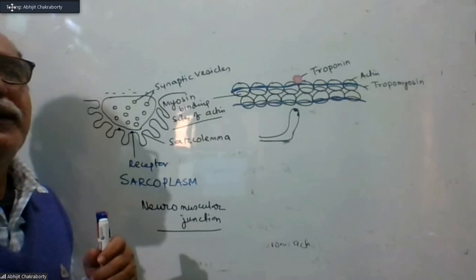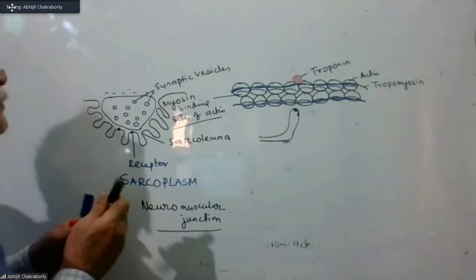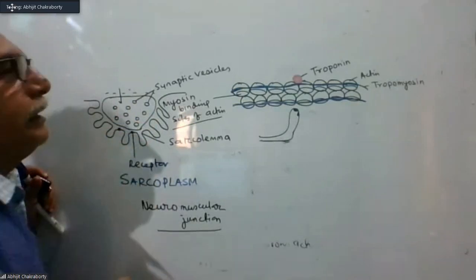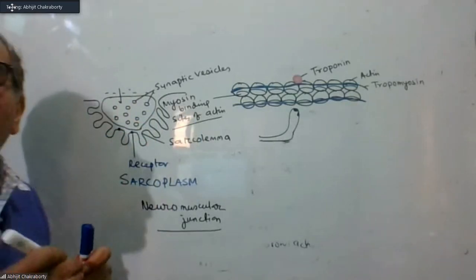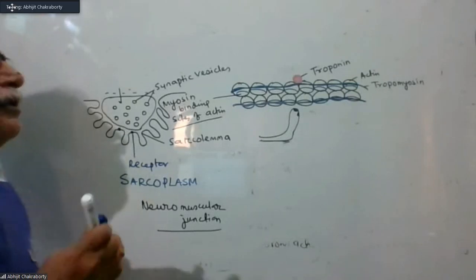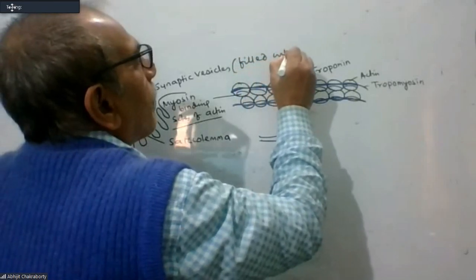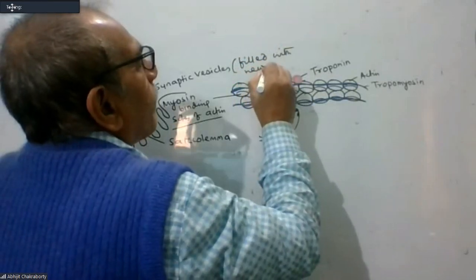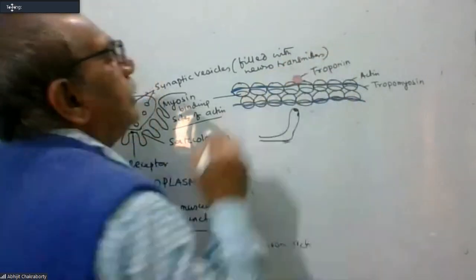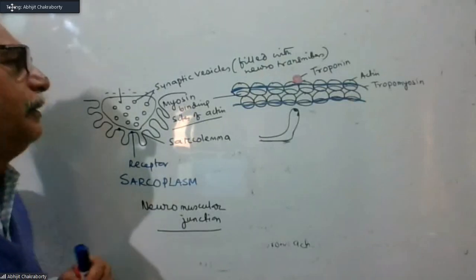So what happens here actually, whenever impulse comes to the nerve endings, the synaptic vesicles are found in the end part of the nerve. These vesicles are filled with neurotransmitters, like acetylcholine or adrenaline, whatever it may be.